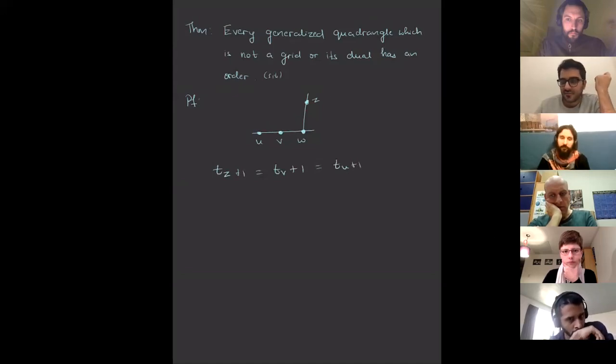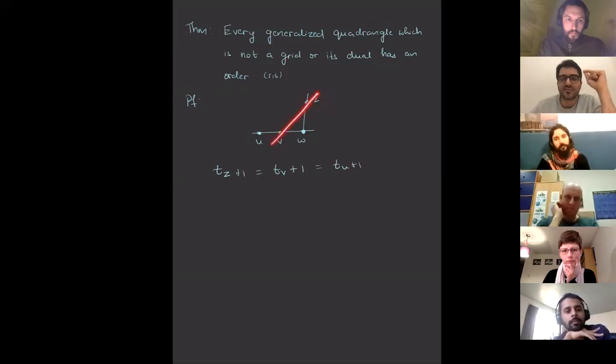So I can actually give you a bijection between all the lines through z and all the lines through v. Okay, and here's the bijection. Firstly, note that these are non-collinear. So there is no line passing through both v and z, because if there was a line, then this will break the axiom of the GQ. You will have this triangle. So there is no such line.